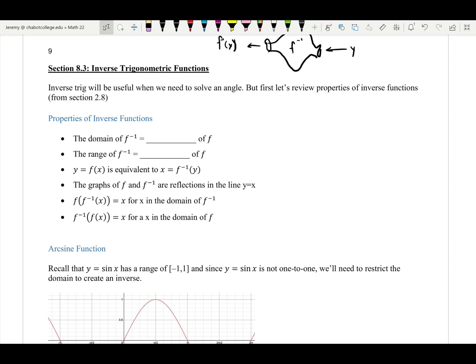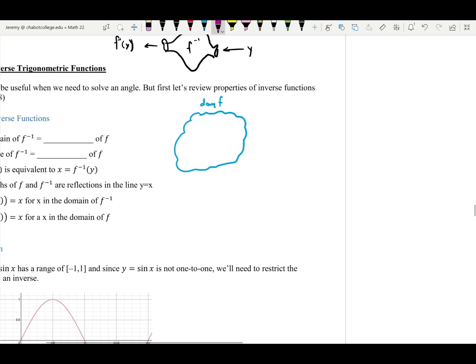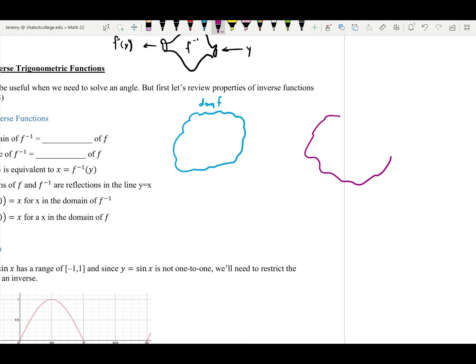Another drawing that I think is really helpful is thinking about domains and ranges. So let's say that we have some function, and here's the domain of f. And over here we'll have another set, which is called the range of f. And what the function f does is it takes values that are in the domain.